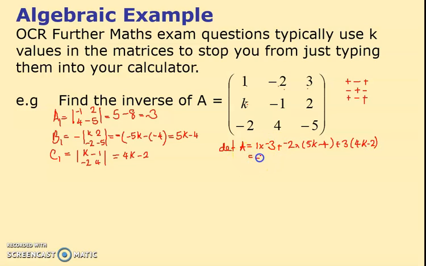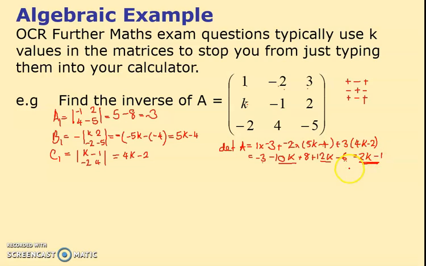And if I just work it out, I get minus 3 minus 10k, minus times the minus is a plus 8, plus 12k minus 6. And if I just play around with the k's, I get 2k. And I get minus 3 minus 6 is minus 9, plus 8, I reckon minus 1.